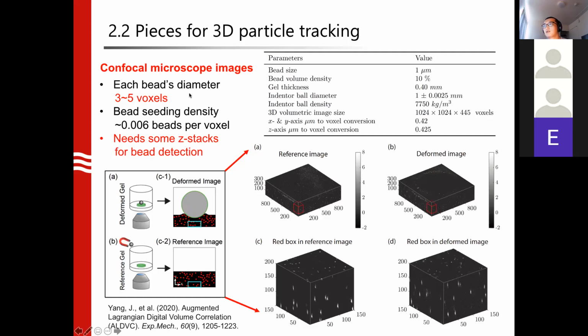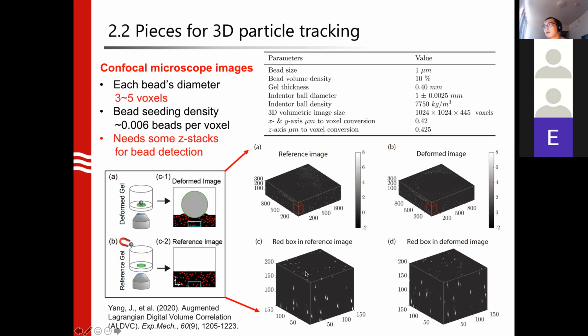If your diameter is too small, less than 1 voxel, the detection of the particle's centroid position may be inaccurate. So your particle should have some size so you can better detect the centroid of each individual particle. But if the particle is too large, you may lose some spatial resolution. This is just an empirical value.